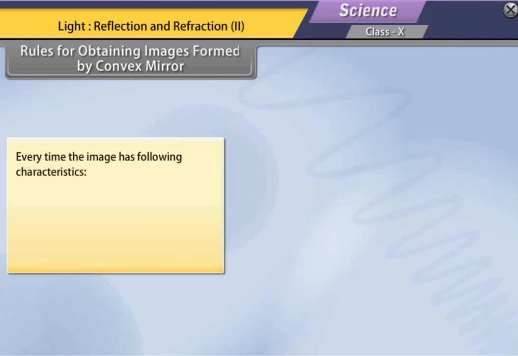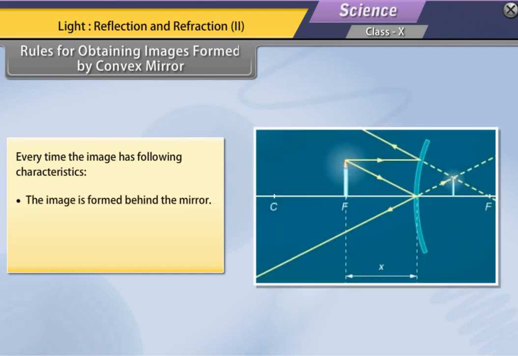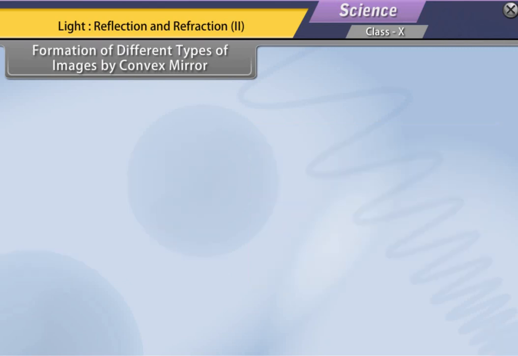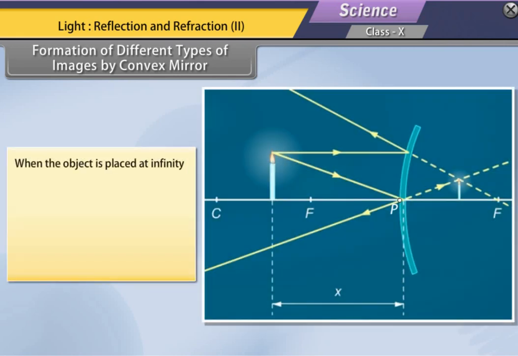Every time the image has the following characteristics. The image is formed behind the mirror. It is virtual and erect, smaller than the object. Formation of different types of images by convex mirror. When object is at infinity, image is formed behind the mirror.